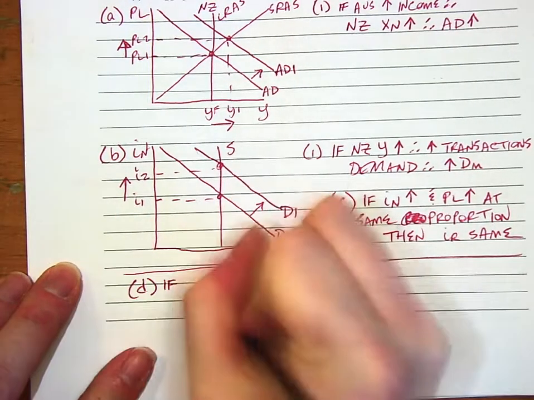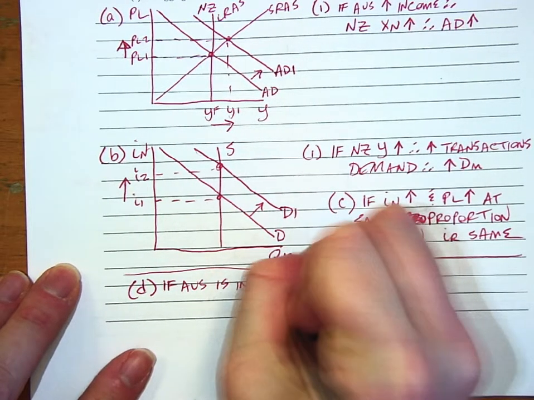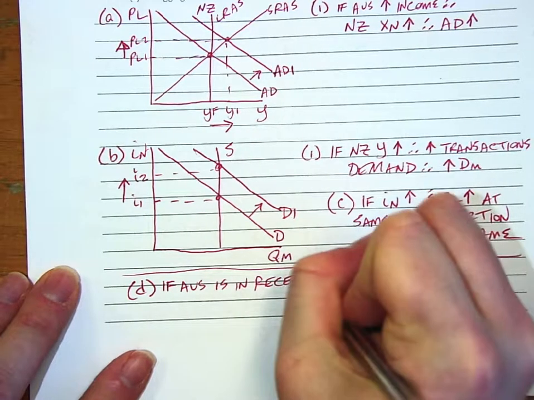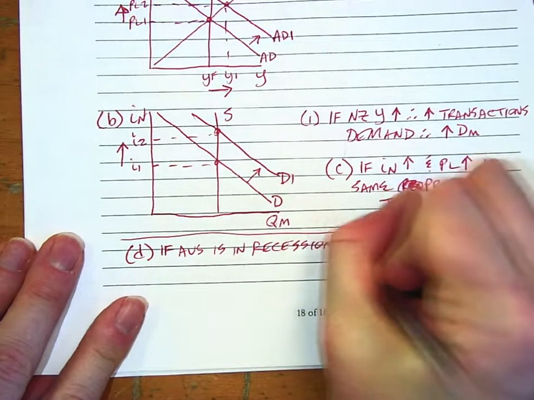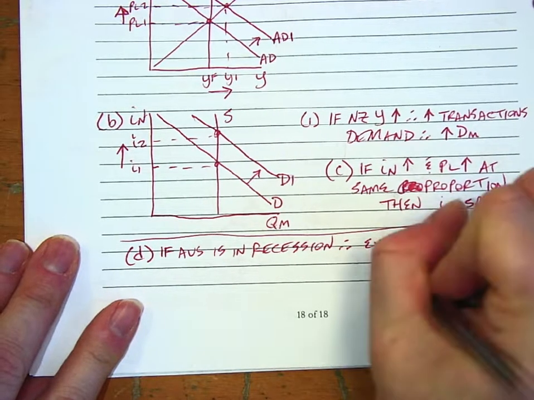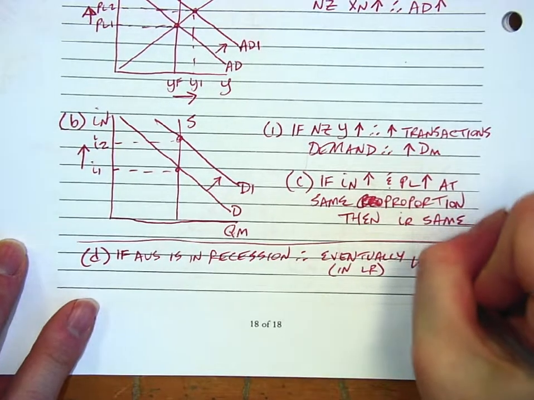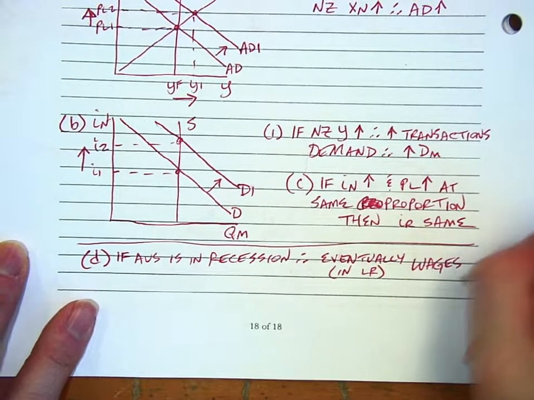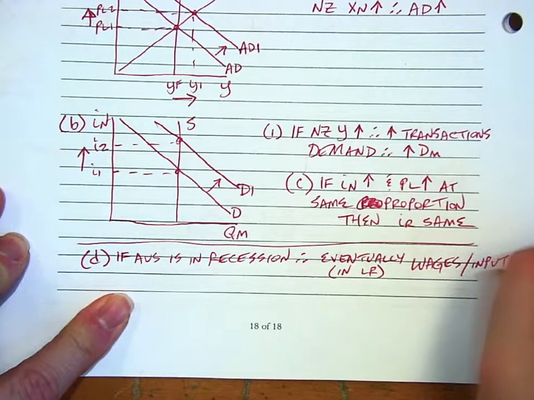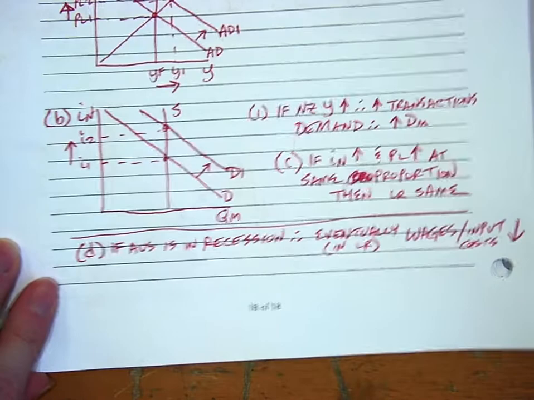And so what we would say, and so we're just going to separate that here and say D, if Australia is in a recession. And now this is an explanation. This question doesn't even ask us, I don't think, for that. But therefore, eventually, in the long run, we would say wages and input costs will go down because people will say, all right, fine, I'll work for less.